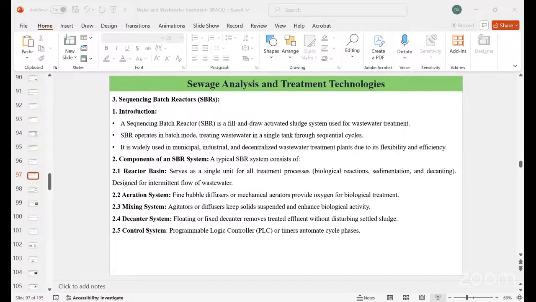So coming to the disinfection process, disinfection is a crucial step in wastewater treatment. It is designed to inactivate or kill pathogenic microorganisms such as bacteria, viruses, and protozoa before the treated effluent is discharged into the environment, or wastewater reuse can be done by this process.